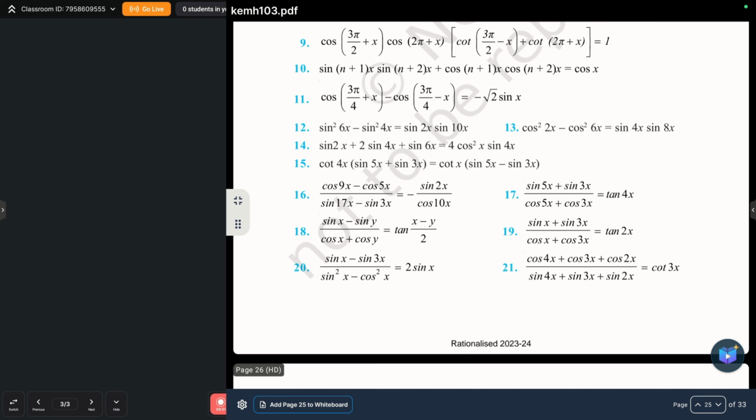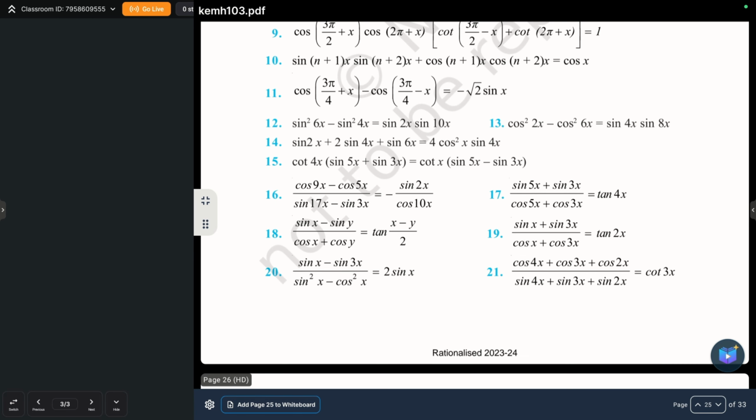See question number 16. Question number 16: left hand side is cos 9x minus cos 5x upon sin 17x minus sin 3x, and you have to prove it equals minus sin 2x upon cos 10x.